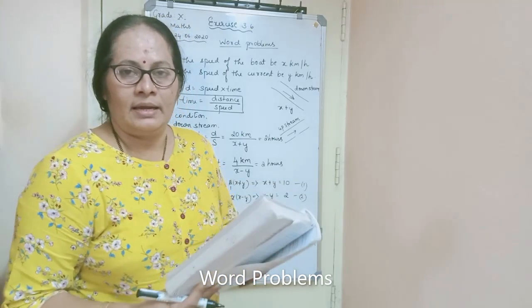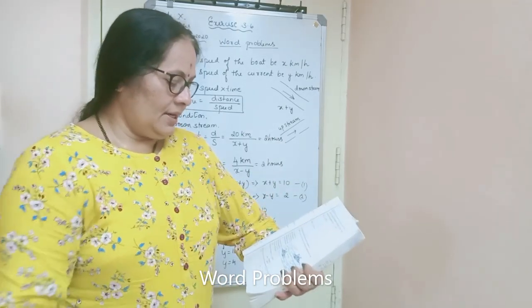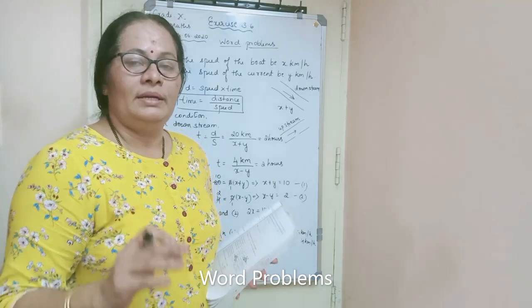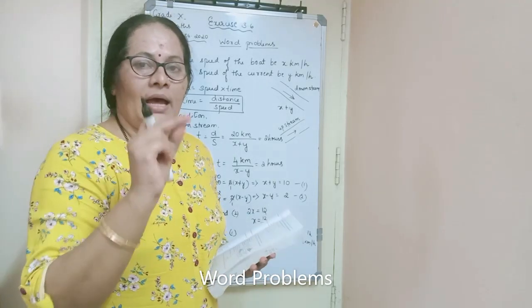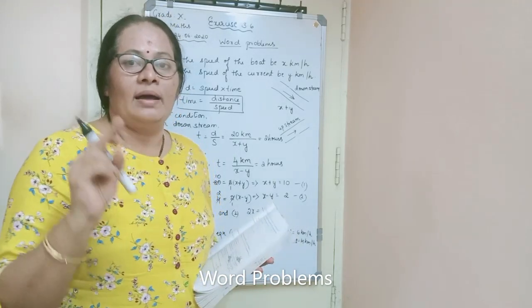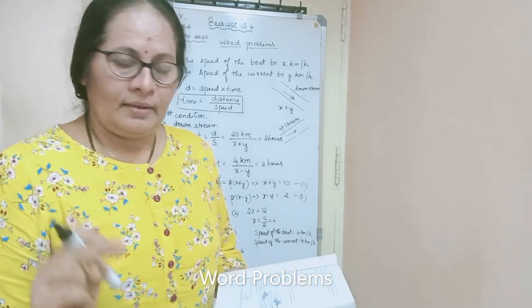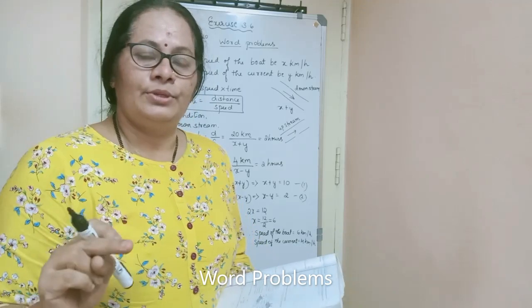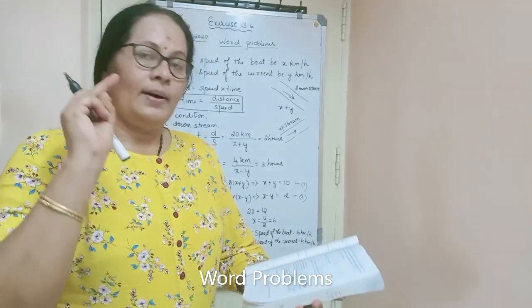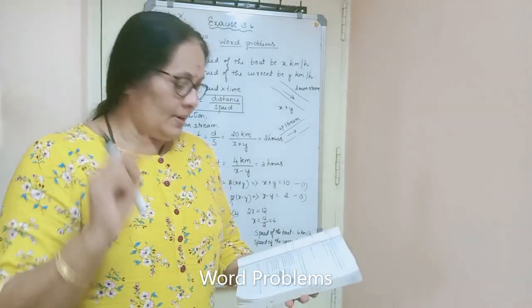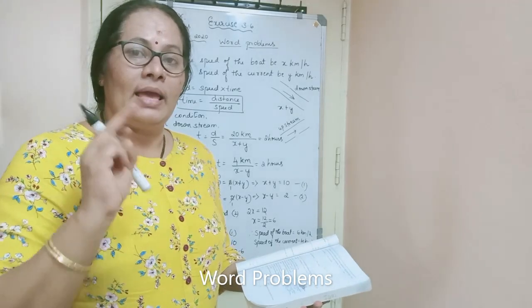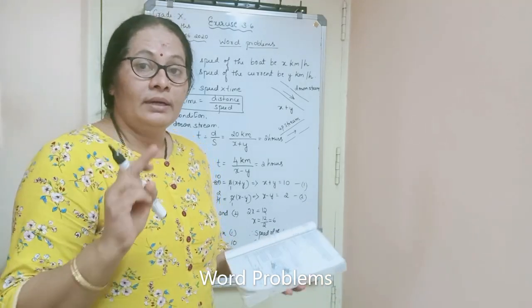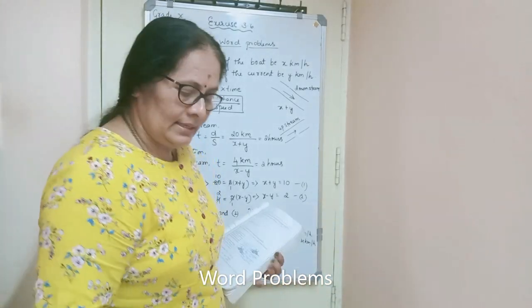It means the time taken for 30 km upstream is 30 by x minus y, plus 44 km downstream, so 30 by x minus y plus 44 by x plus y together takes 10 hours.